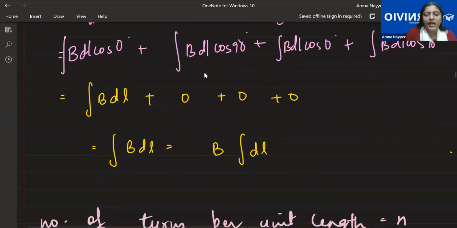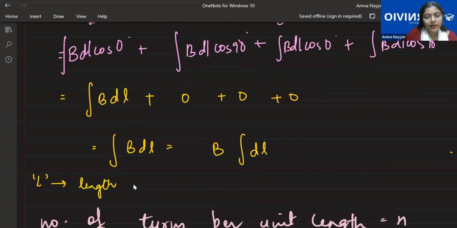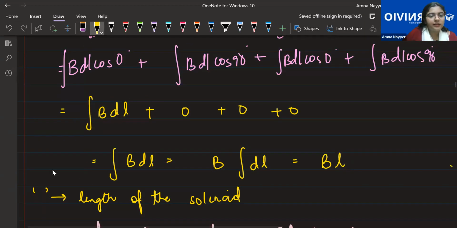Let us assume that L is the length of the solenoid. So we can say integral of dl will give us L. So B into L is what we are getting.